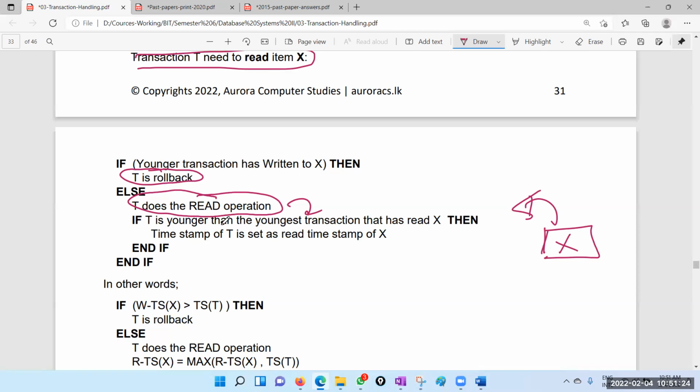If T is younger than the youngest transaction that has read X, then the read timestamp of X is set to the timestamp of T. Otherwise, you don't do anything here. You still read it, but you don't update the timestamp, because the timestamp must be with the youngest one. You are not the youngest one. So you read it, but you don't update the timestamp.